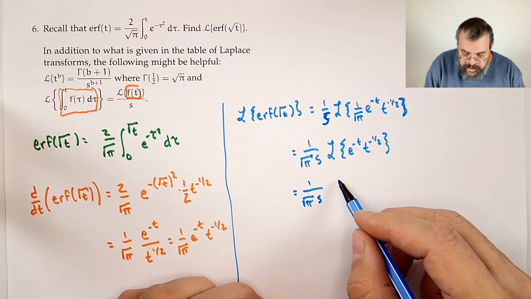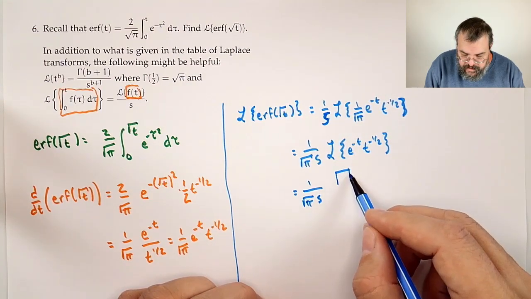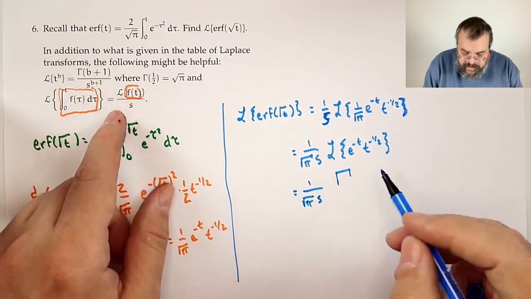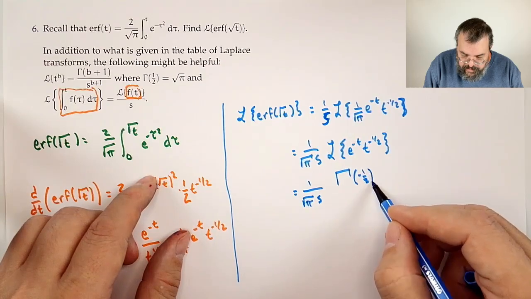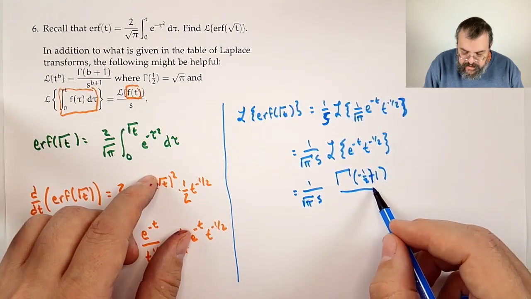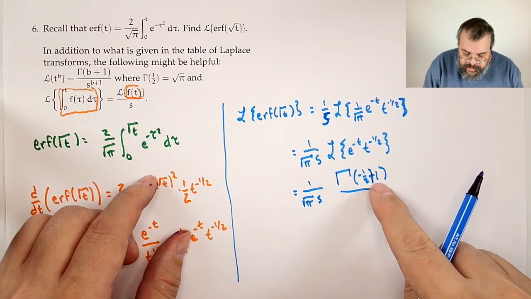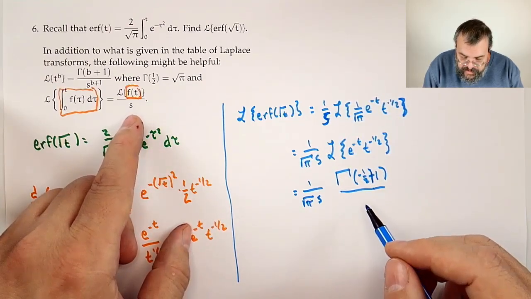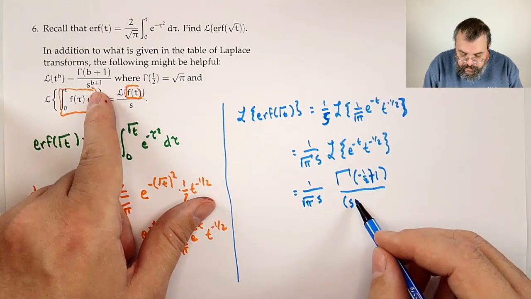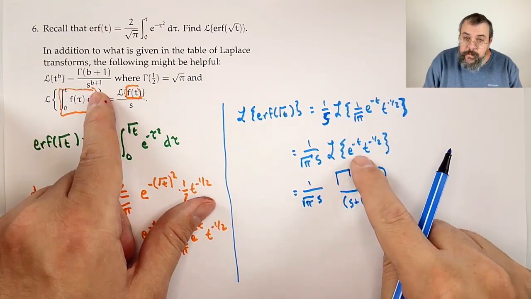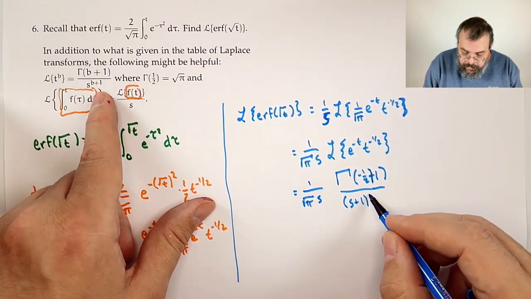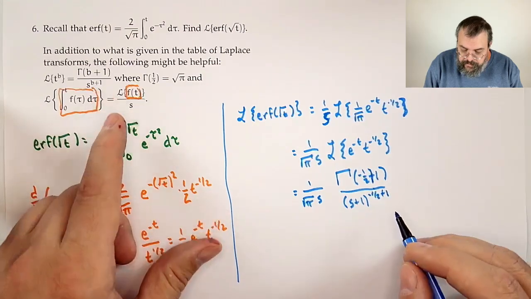and then we would have gamma of b, so b is minus a half plus 1, and then downstairs we would have s plus 1, because remember, we're shifting because of that e to the minus t, to the power minus 1/2 plus 1.